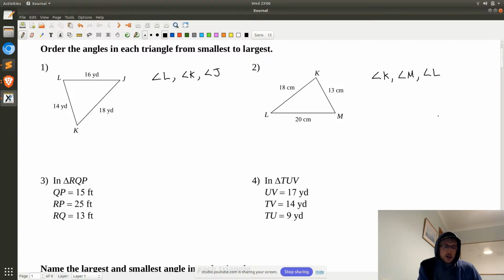In triangle RQP, we have the lengths of the sides. Side RP is opposite to angle Q, which is the largest. Side QP is opposite angle R, and side RQ is opposite angle P. In triangle TUV, side UV is opposite angle T. Side TV is opposite angle U. And side TU is opposite angle V.